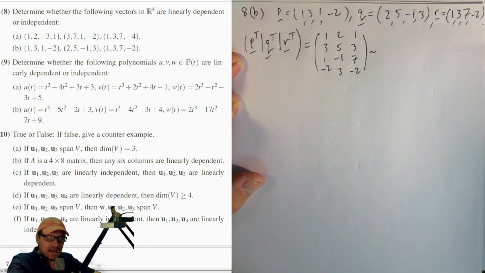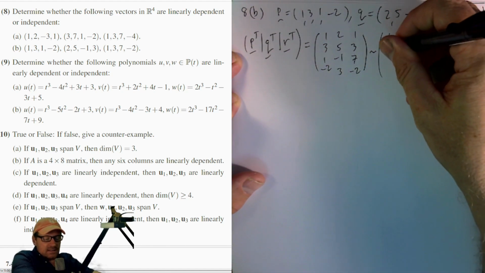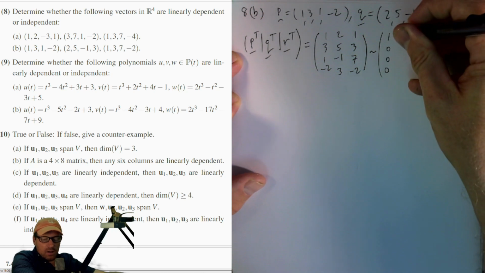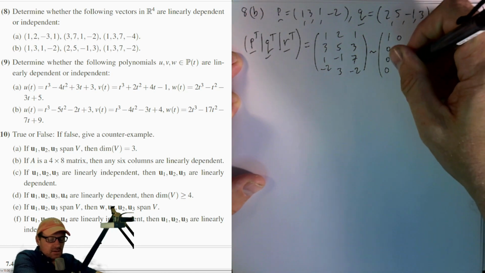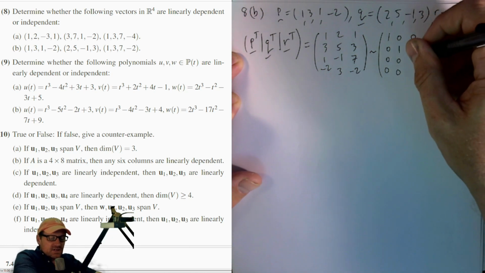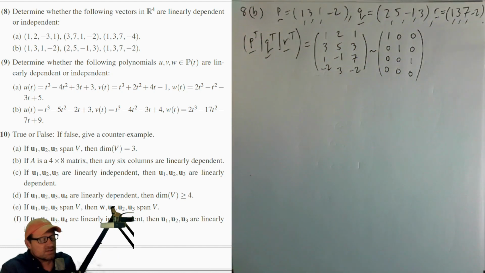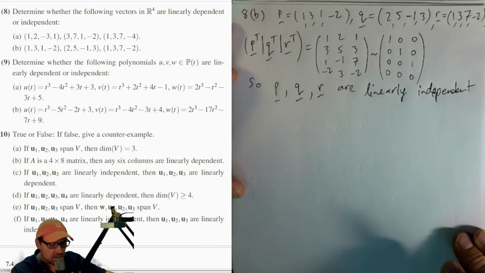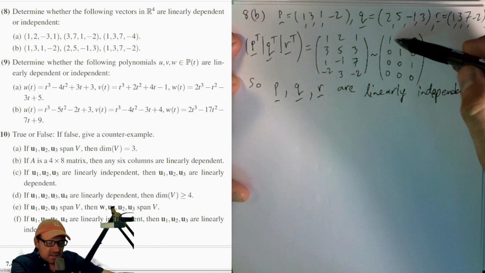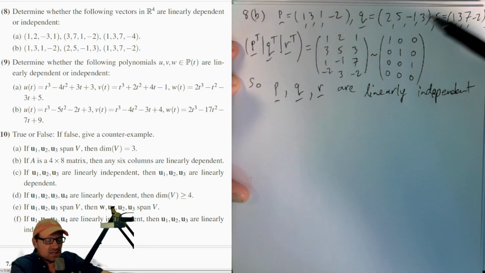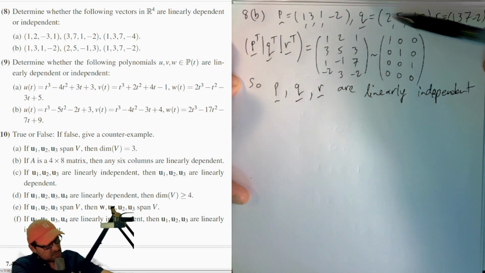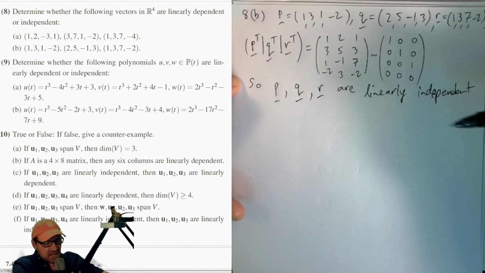What we're going to get is 1, 0, 0, 0 in column 1, 0, 1, 0, 0 in column 2, 0, 0, 1, 0 in column 3. So this tells us that the three vectors P, Q, R are linearly independent. And so specifically, the span of P, Q and R is equal to the span of P, Q and R, and it doesn't reduce anymore.